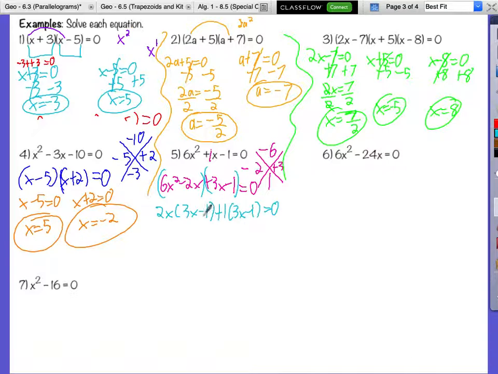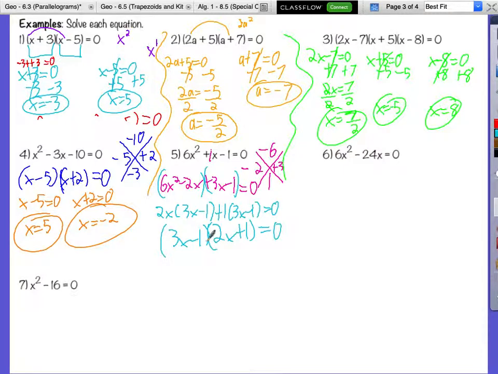Put the 3x minus 1 in parentheses in front, and we put the other two in the parentheses as well. Now we finish factoring, and now we have multiplication that equals 0. Now we are able to set these equations up. Does that make more sense?